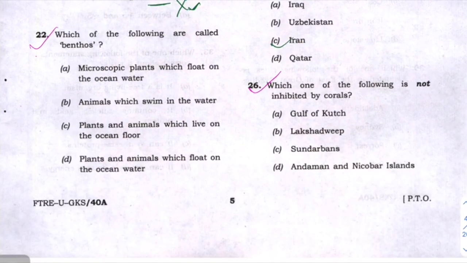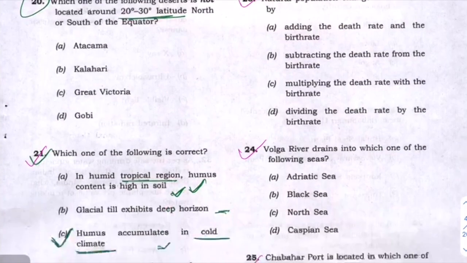22. Which of the following are called benthos? Benthos is related to something which is at the bottom of the sea. So plants and animals which live on the ocean floor. So C should be the answer.